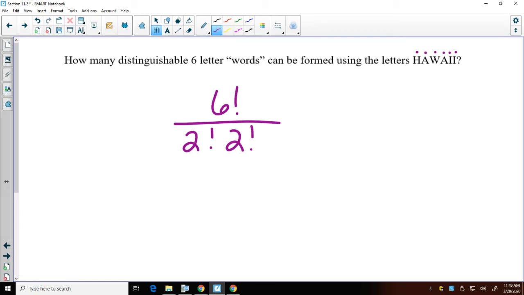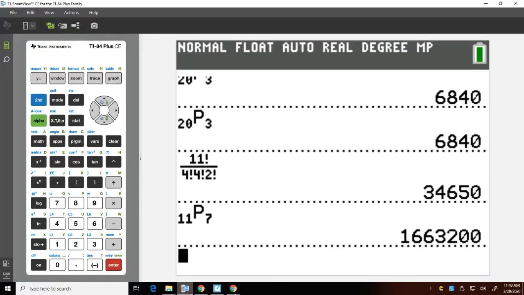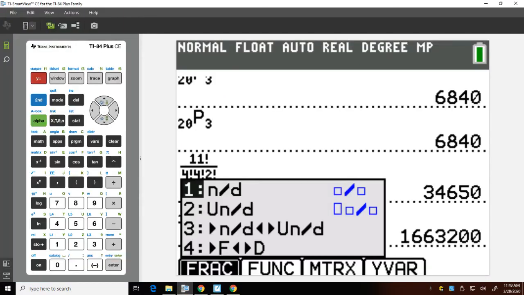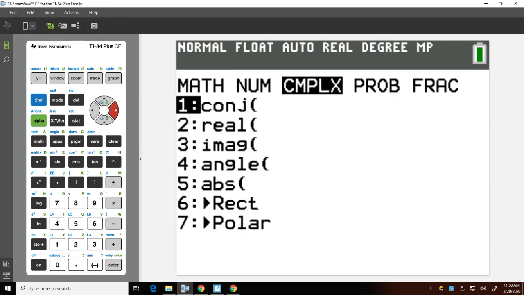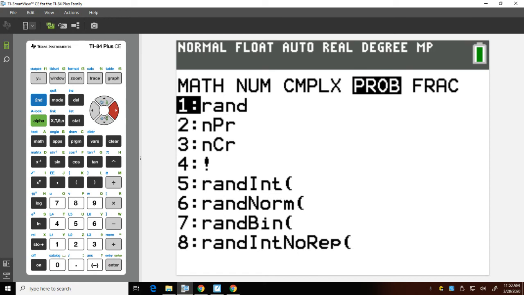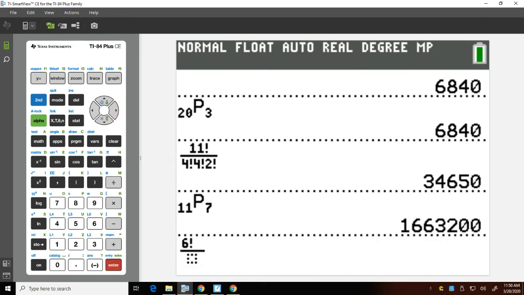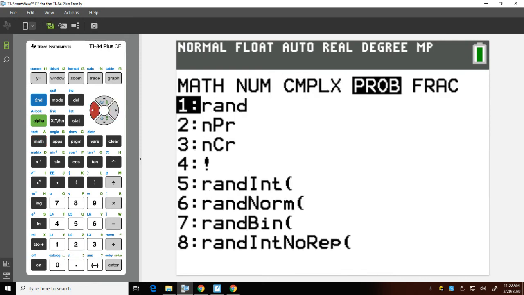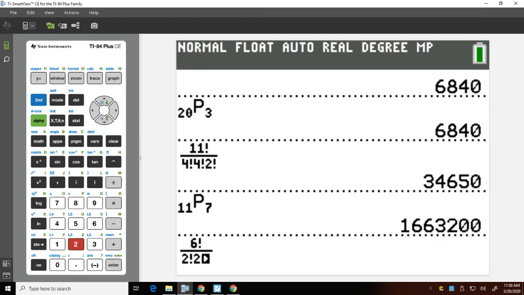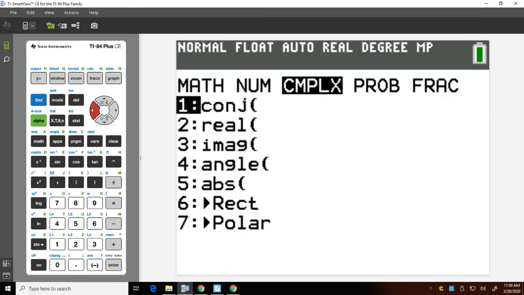So this is what we're going to put into our calculator as a fraction, 6 factorial over 2 factorial times 2 factorial. So calculator, alpha y equals, 6, math, prob, factorials. And then 2, math, prob, factorial, and then another 2 math, prob, factorial.